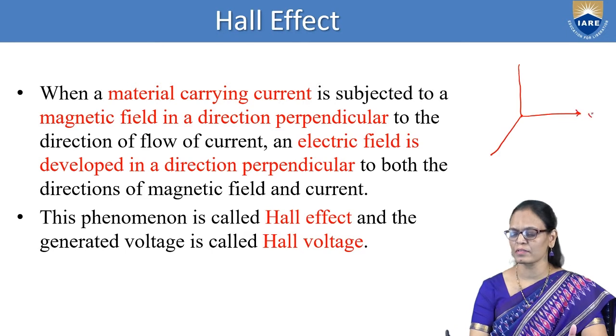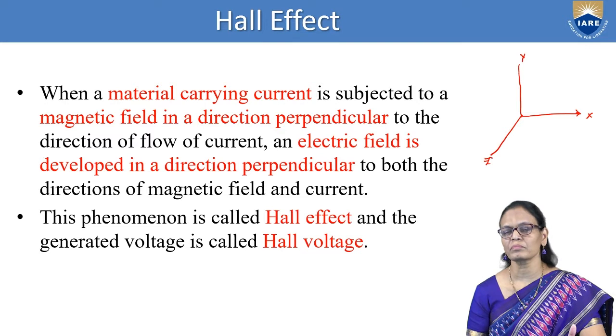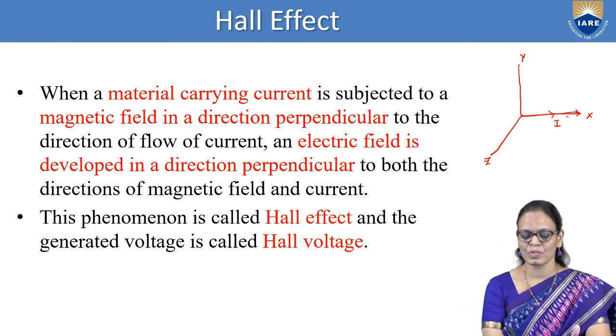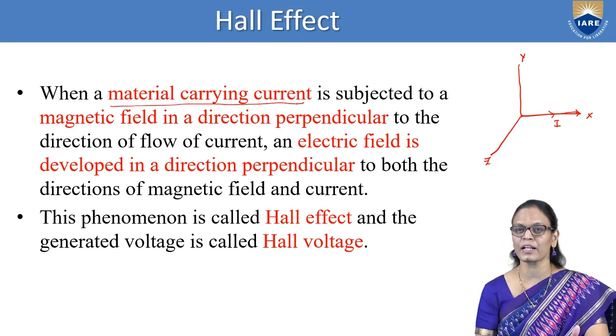This is the X, Y and the Z axis. We are allowing the current to flow through the conductor in one direction. Suppose I take the direction of current I along the x-axis. So we have taken a material carrying current.